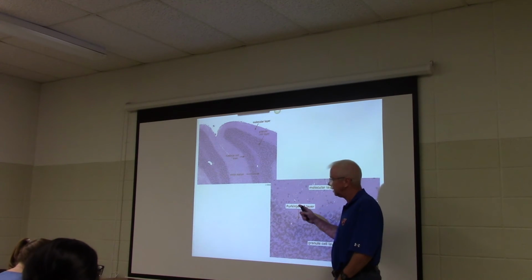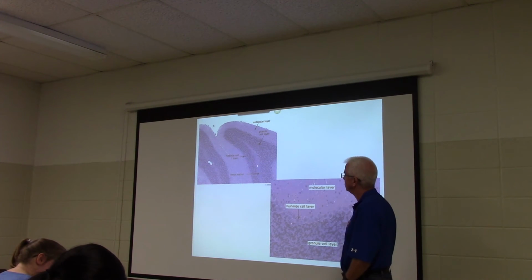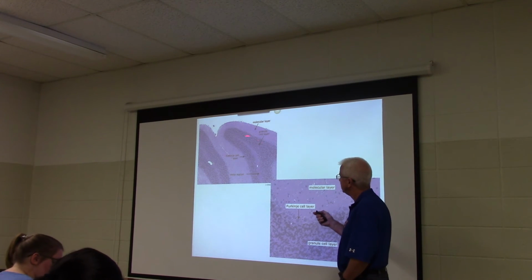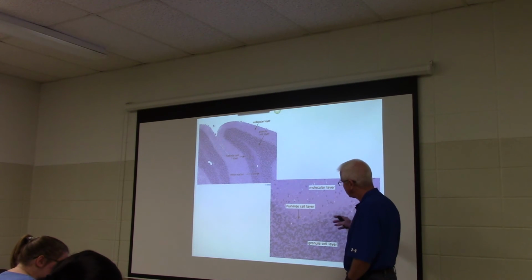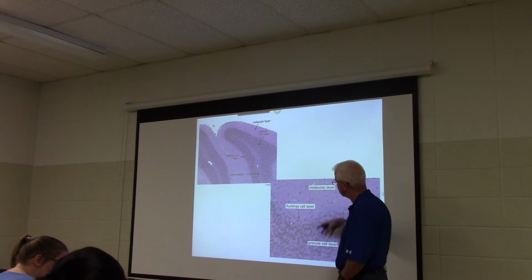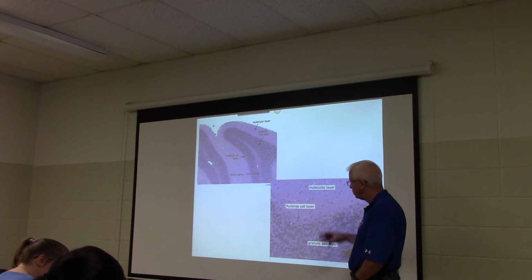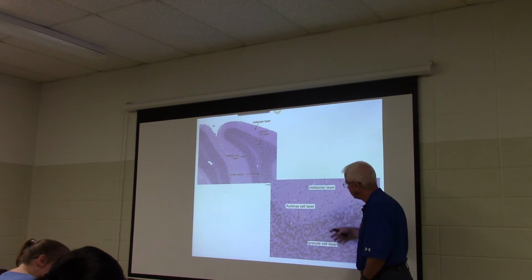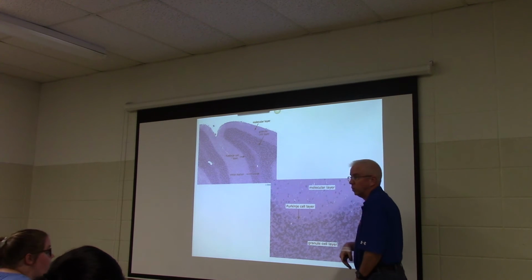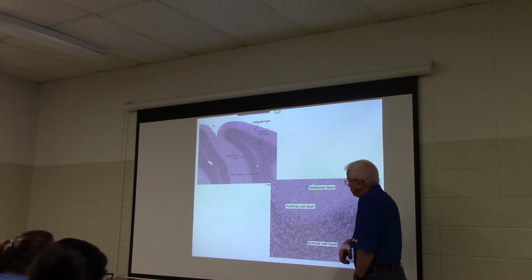Now this is a histology section of cerebellum. And you can see it's a very organized arrangement of different kinds of cells present in the cerebellum. You would know by looking at a section like this, and the shapes and sizes of the neurons, what you're looking at in the histology.